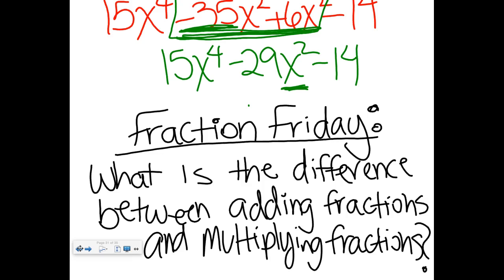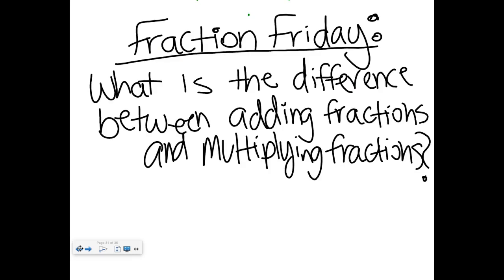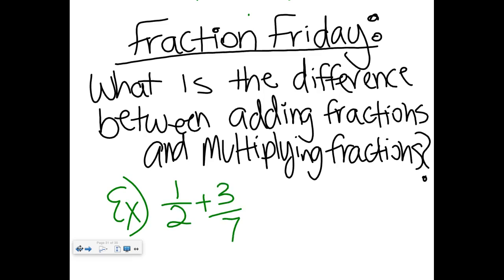This is a really good review from Chapter 1. So what I mean by that, for example, what is the difference between doing these two problems? If you need to think about this visually, what's the difference between solving these?